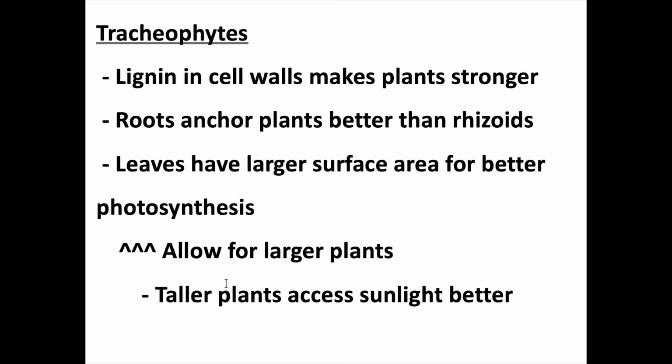All of these things allow for plants to grow larger. And for plants, larger is usually better because taller plants get to more sunlight. So definitely a lot of selective pressure for this. Definitely upgrades. And again, all further groups are going to be tracheophytes.